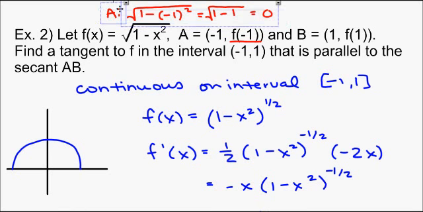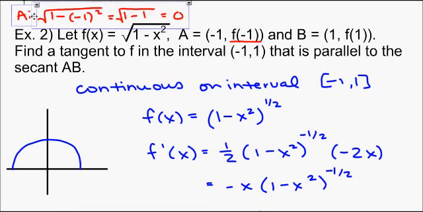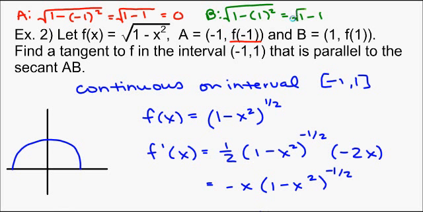And for point B, let's do the same thing. We have the square root of 1 minus 1 squared, which is the square root of 1 minus 1, which is 0. So these really have the same y coordinate at 0.